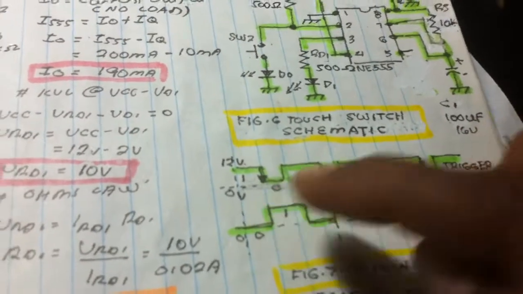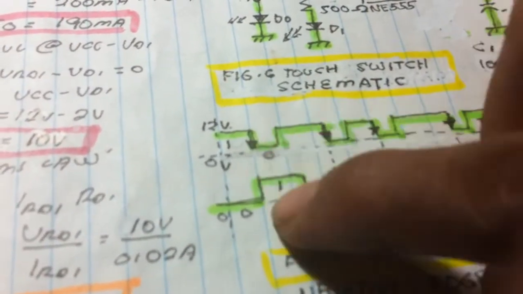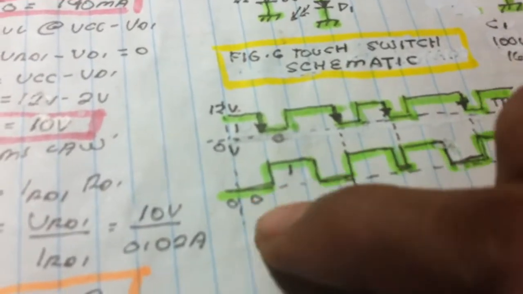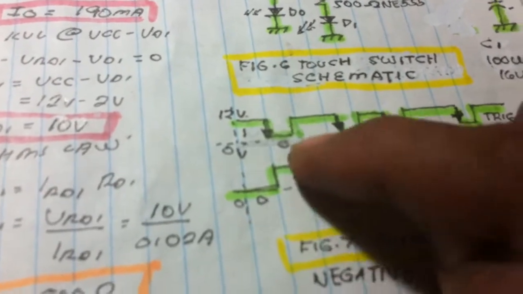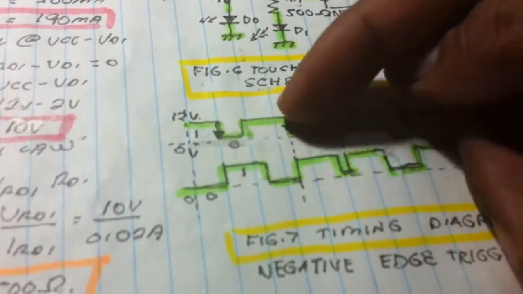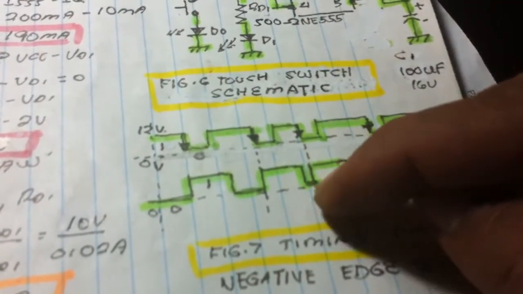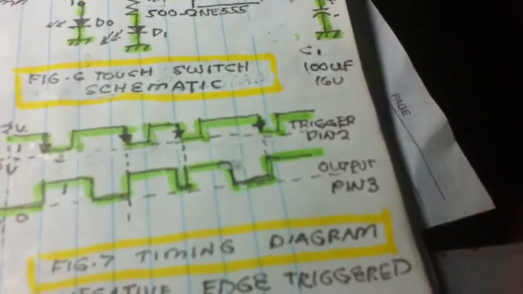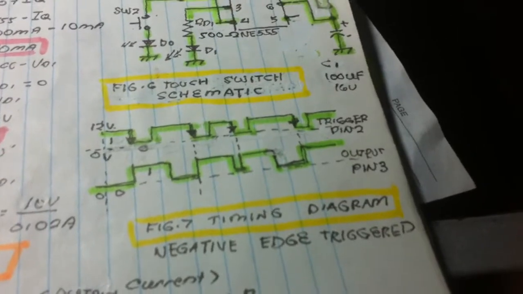Every time you push the switch, the LED turns on and slowly turns off. Then again once you push the button, it's on, then off. That is the output in pin number 3. That is what they call the timing diagram.